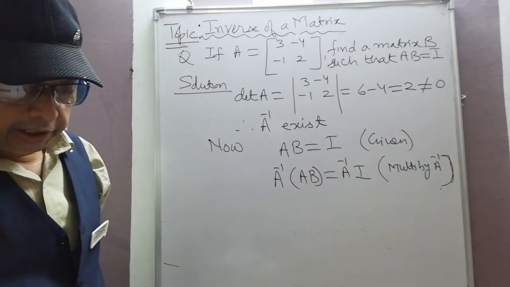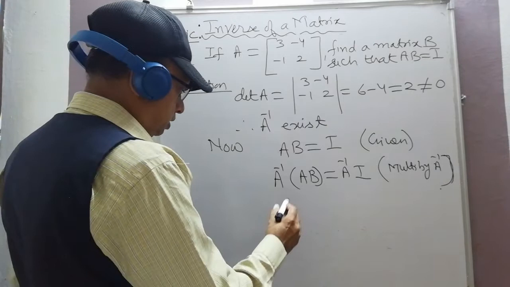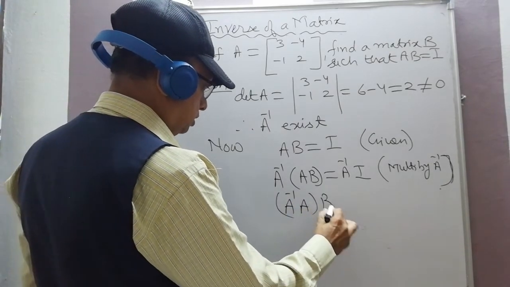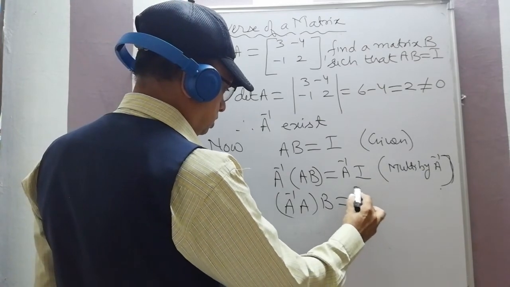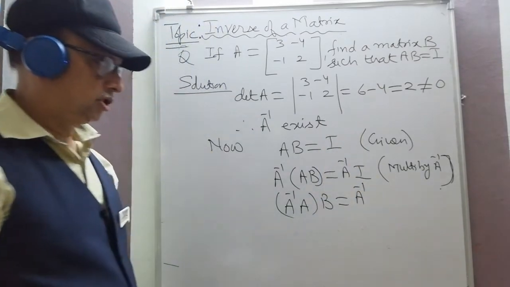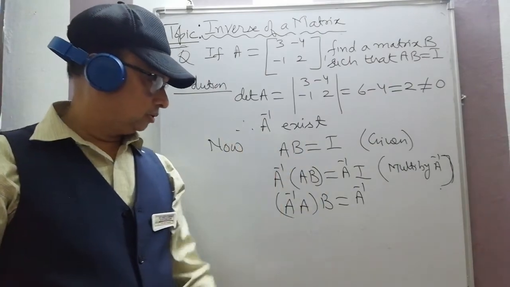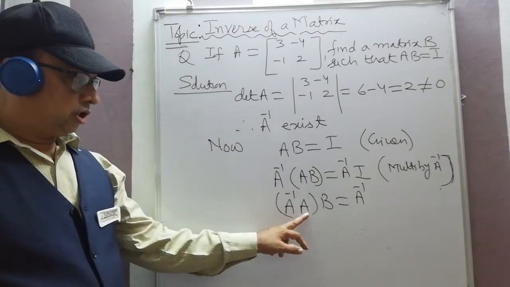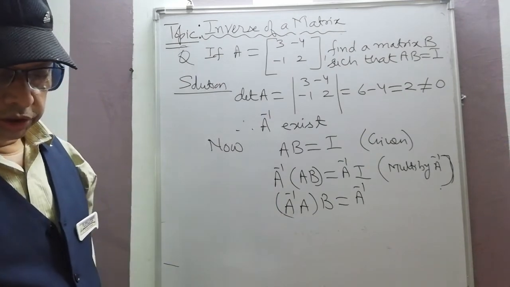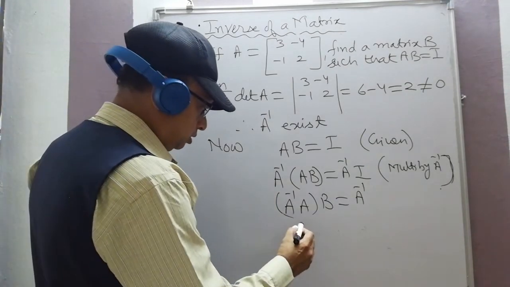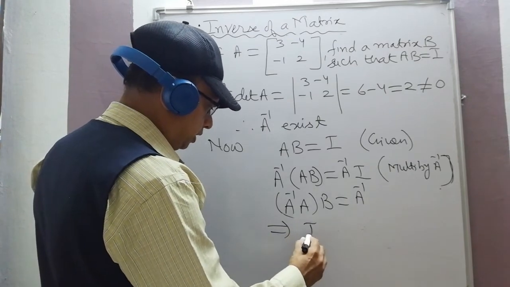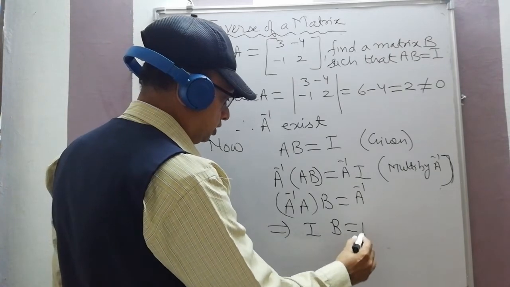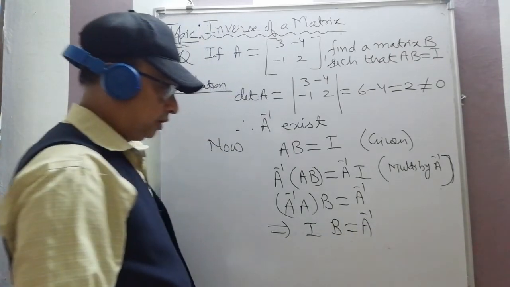When you multiply, you get A inverse A into B is equal to A inverse times the identity matrix. A inverse into A, this one is I. By the property, A inverse into A is I, so I into B is equal to A inverse.